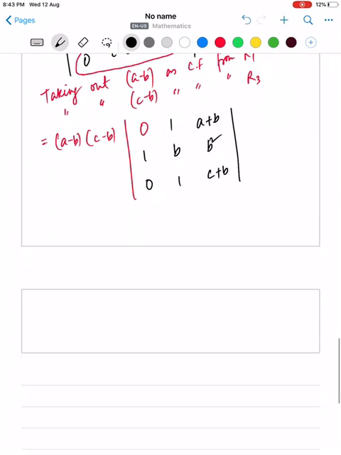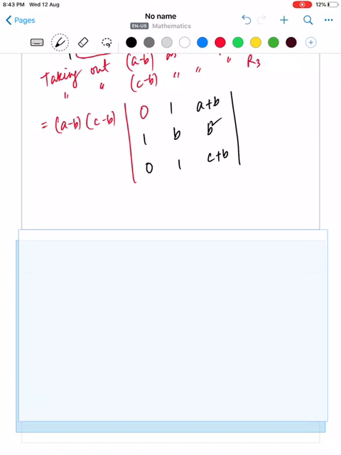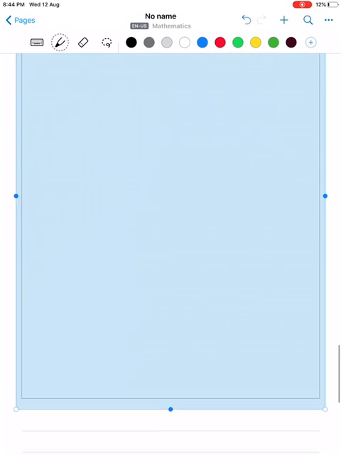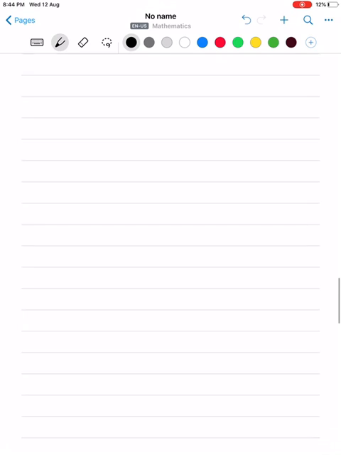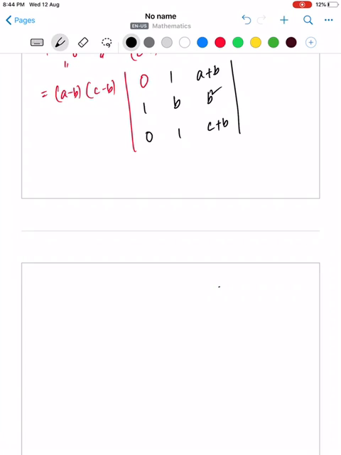So now tell me what will be my next operation. Tell me fast. Expand. Yes, right, expand. Expand along what? Along C1. Wait a second, let me make a maths paper. So we expand along C1, right?